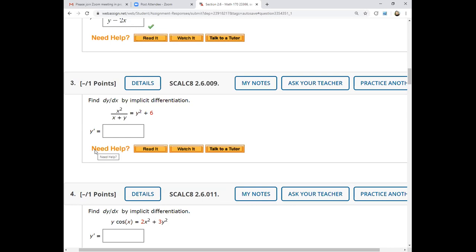So I'm going to have 2x times x is 2x squared, 2x times y is 2xy, minus x squared. Then I'm going to say equals, and write the right-hand side as x squared dy/dx, and I'm just going to rearrange the other term.